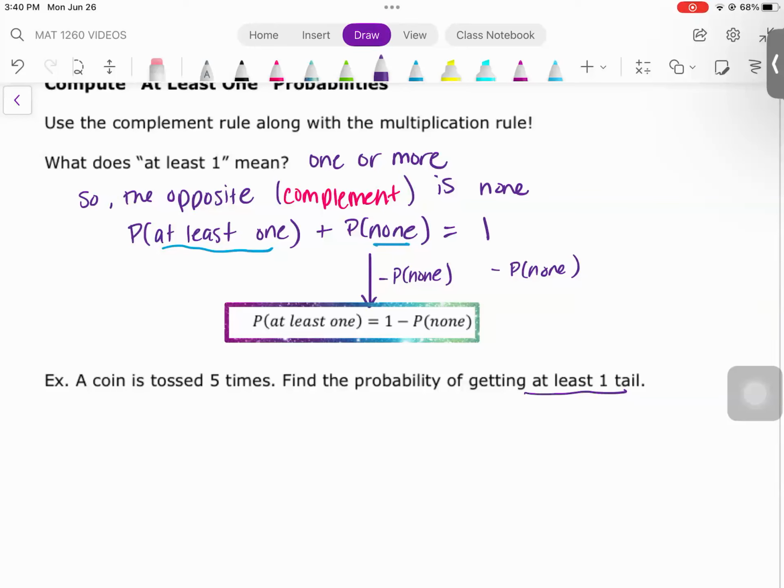We'll see some of those in a later video, but this particular formula only works for at least 1. So the probability of at least 1 tail is equal to 1 minus the probability of no tails.